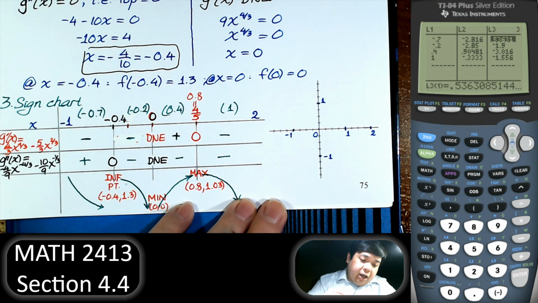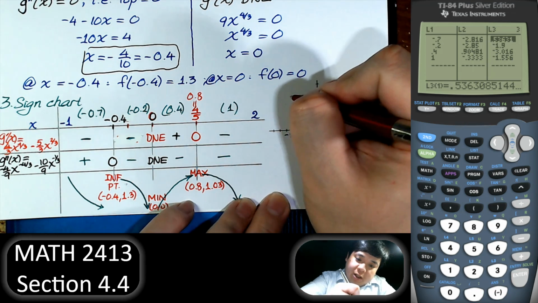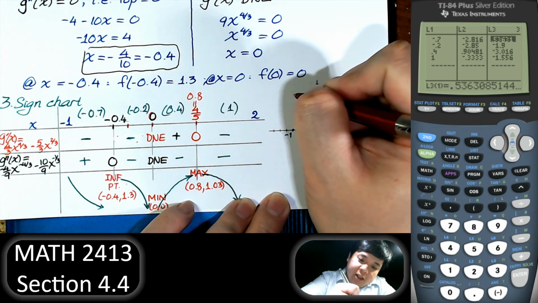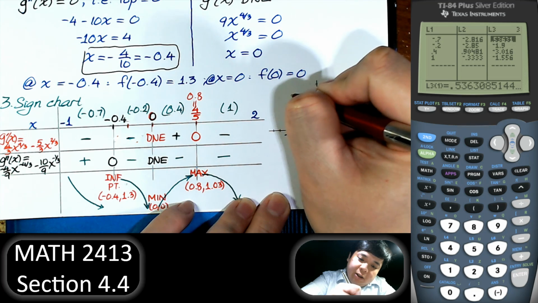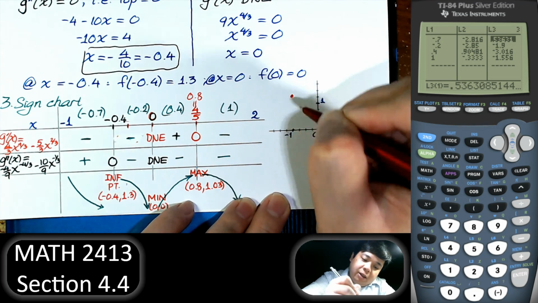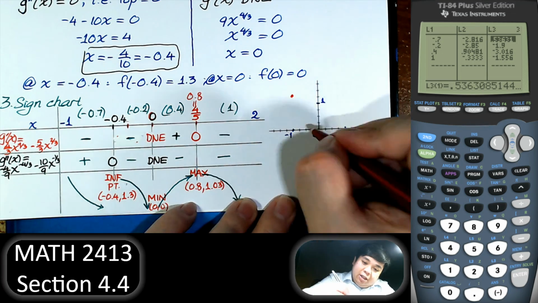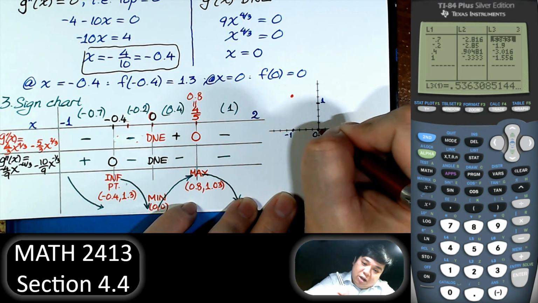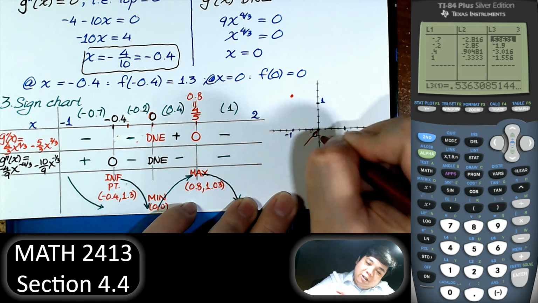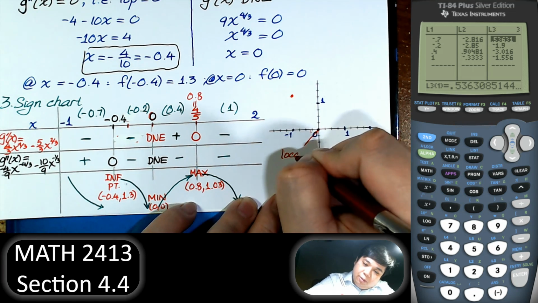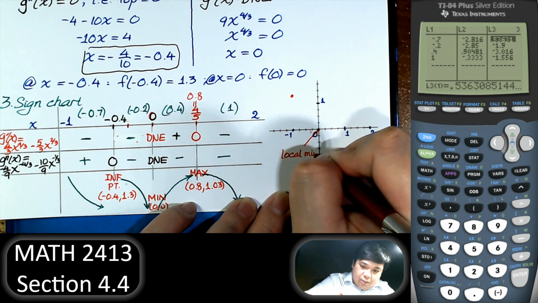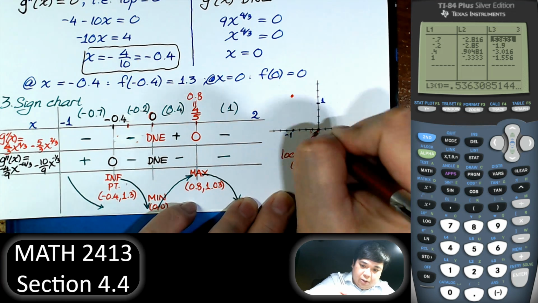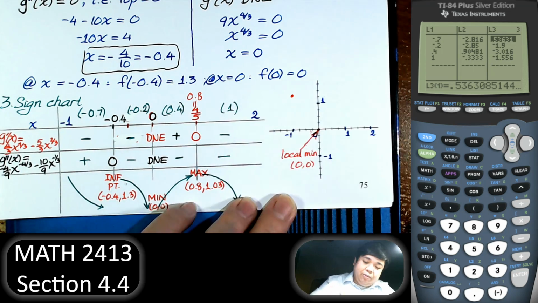Inflection point, negative 0.4 and 1.3, so it's not very good, but this will be here. The minimum 0, 0, because I know it's minimum, so I can write below that. So local min. Right there.